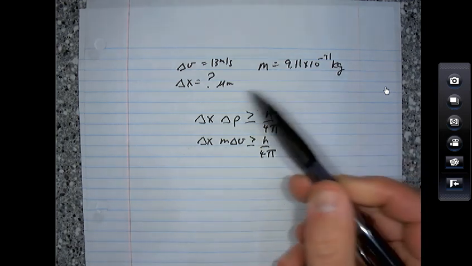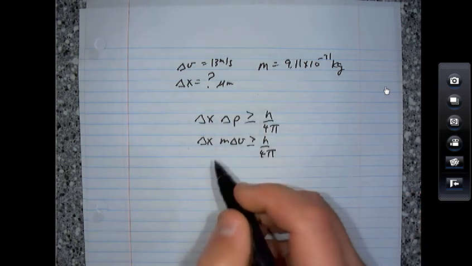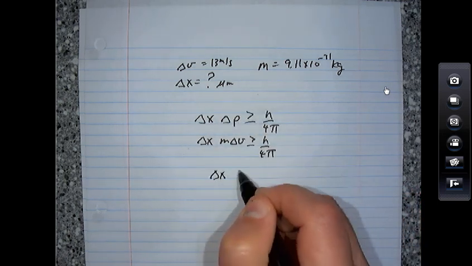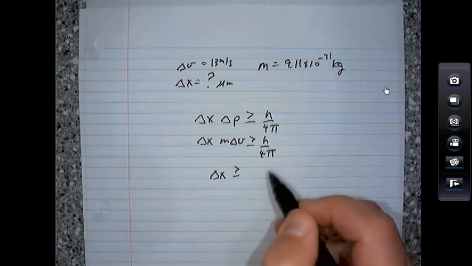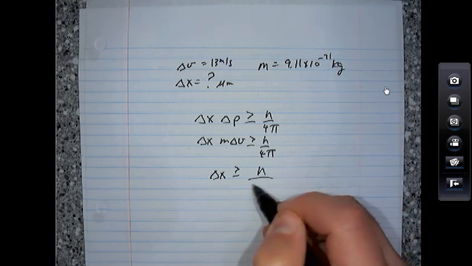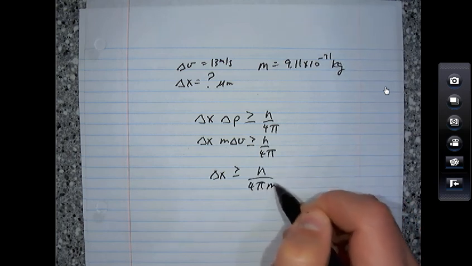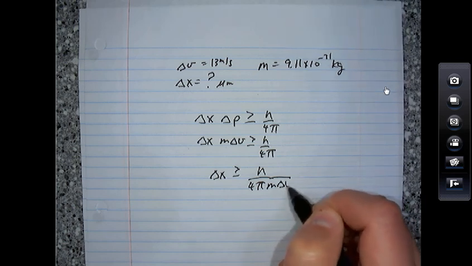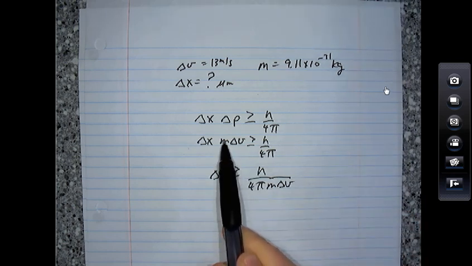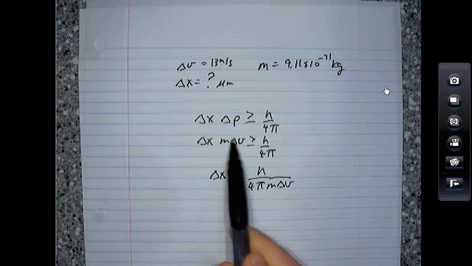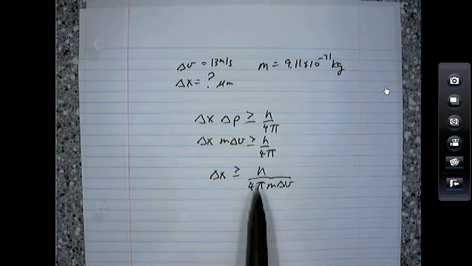And what we're trying to figure out is the uncertainty in the position. So this can be no less than h over 4 pi m times delta v. I've just divided both sides by m times delta v, and this is the result.